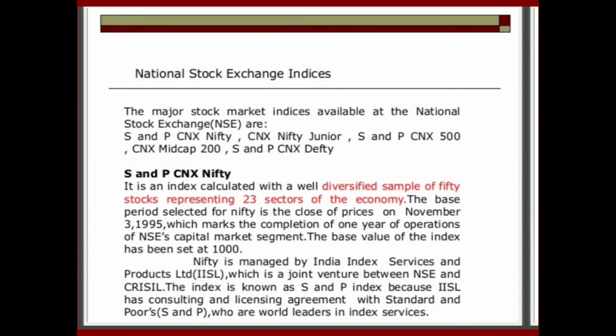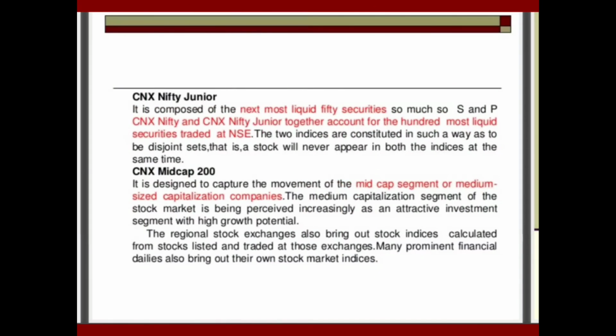Nifty is managed by India Index Services and Products Limited, which is a joint venture between NSE and CRISIL. The index is known as S&P Index because IISL has a consulting and licensing agreement with Standard & Poor's, who are the world's leader in index services. CNX Nifty Junior.